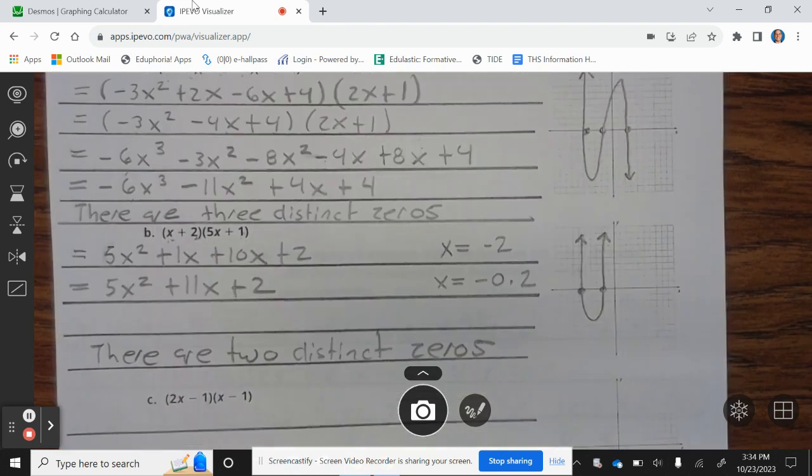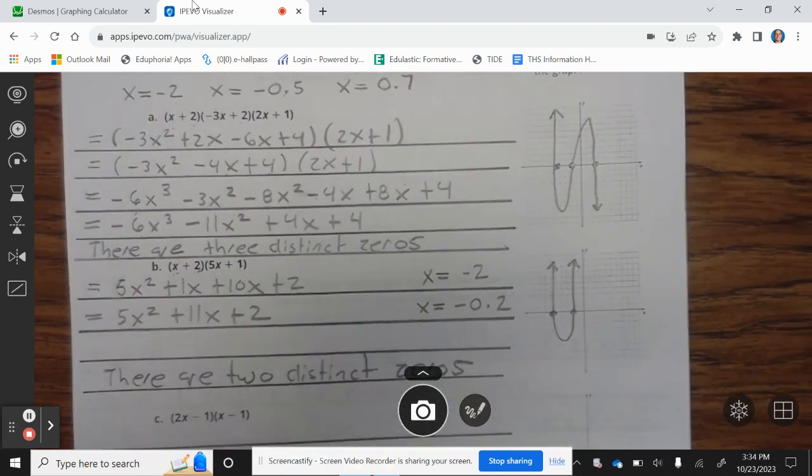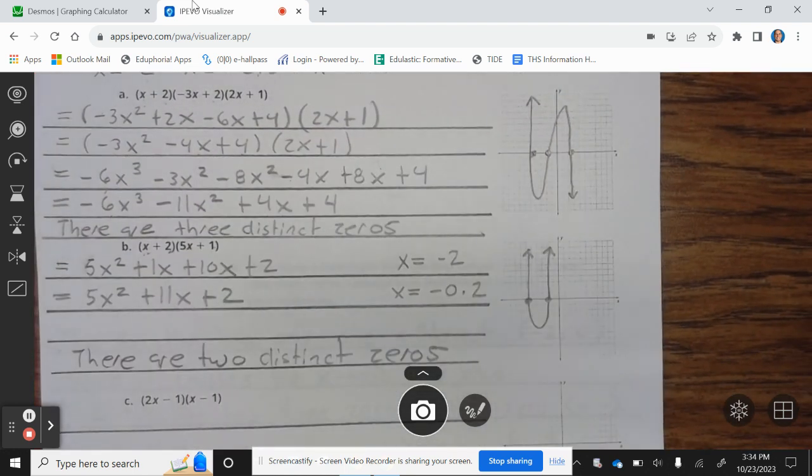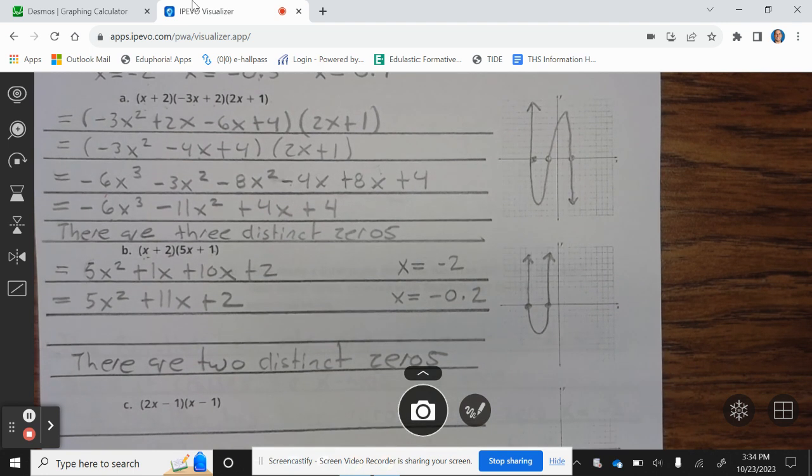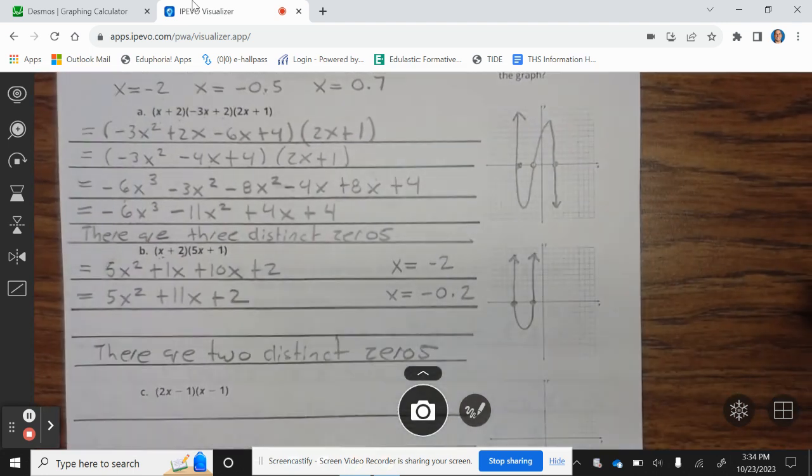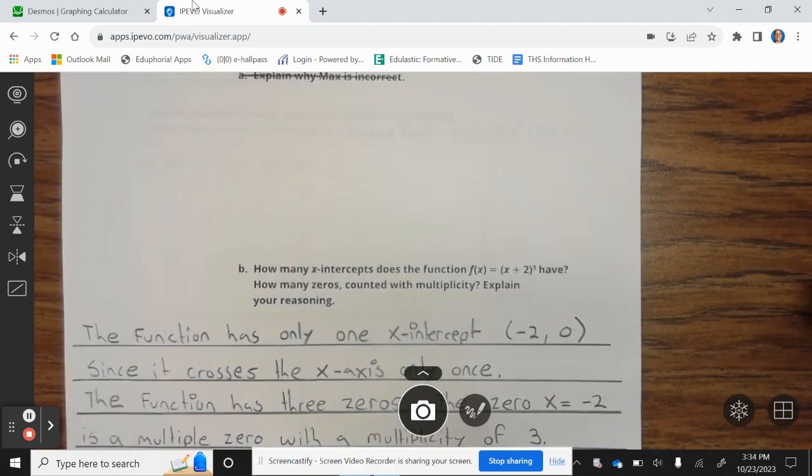All right, go ahead and finish up 2a and b, and then start 2c and 2d. All right, let's take a look at the next page.